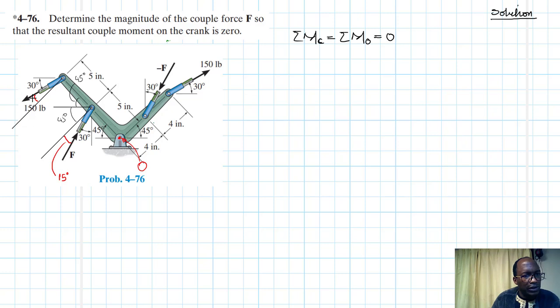This is 15, sorry, 45 minus 30 is 15. I meant 15. So we'll do the same also here, something slim, something like so.